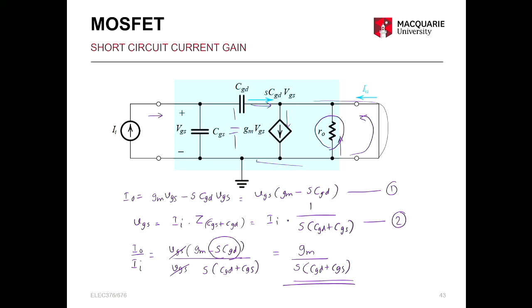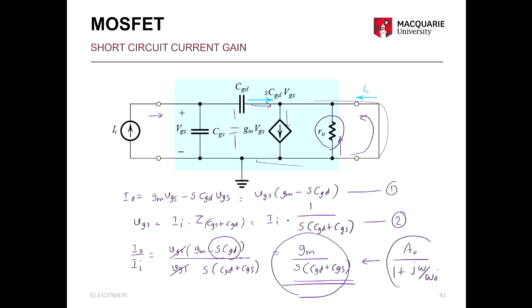The BJT was in the form A naught divided by 1 plus j omega divided by omega naught, right? And this is not in that form. There is no 1 plus term in the denominator. That is why using unity gain bandwidth is more appropriate for MOSFET than a BJT.